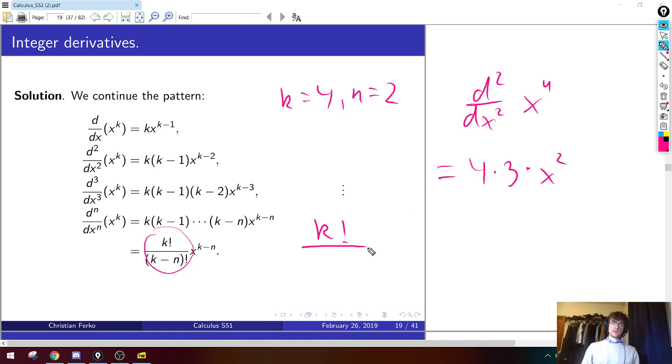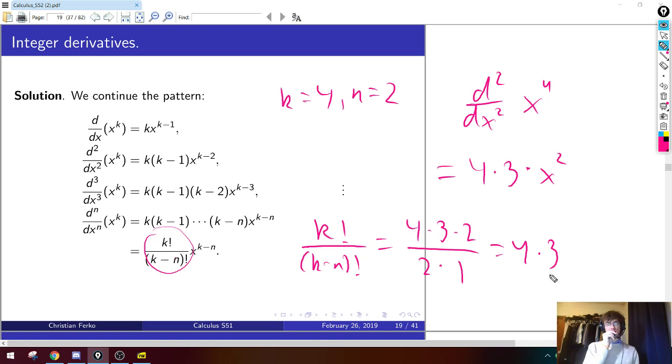Is it k factorial over k minus n factorial? That one would be 4 times 3 times 2 over 2 times 1, which is 4 times 3. Or, yeah, it should be this one, I think. K factorial over k minus n factorial. So, why am I confusing myself here? You should have 12 times x to the second.